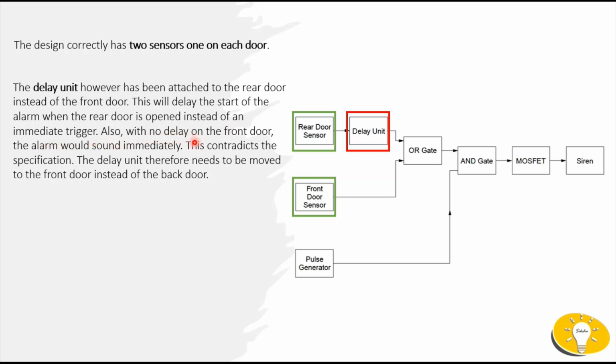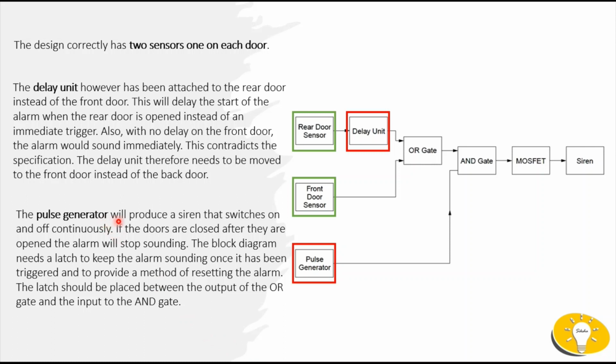Also, with no delay on the front door, the alarm would sound immediately. So this contradicts the specification as we have discussed. The delay unit therefore needs to be moved to the front door instead of the rear or back door.